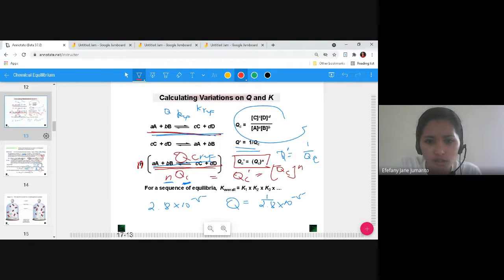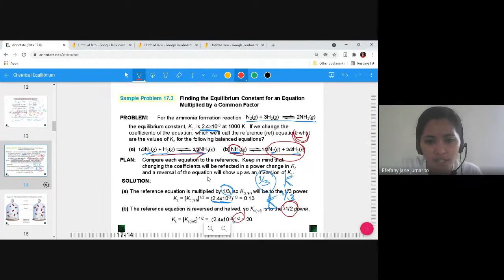Then we have this one, the reference QC. When we multiply the equation by a factor, you also raise K to that factor. We have this one, 1/3 N2, and H2, and then 2/3 NH3, ammonia.